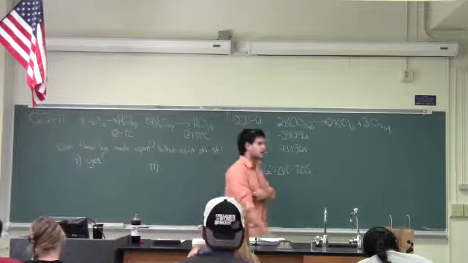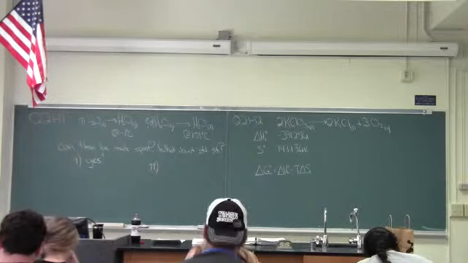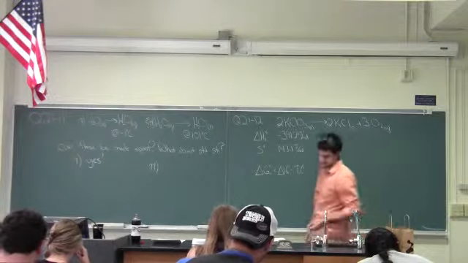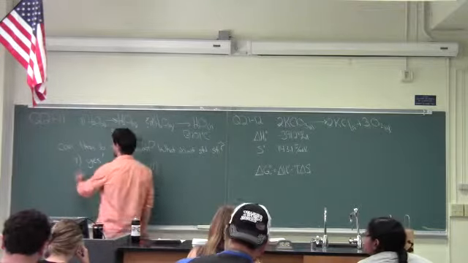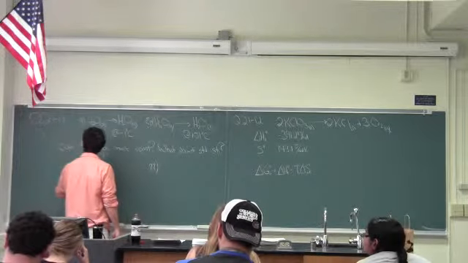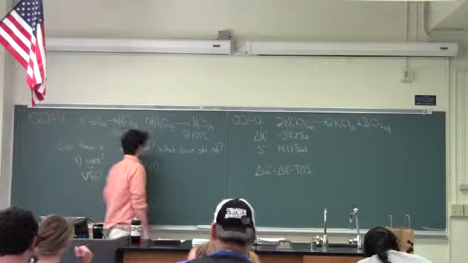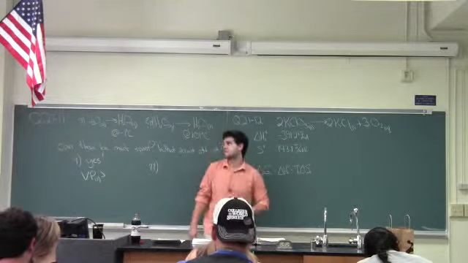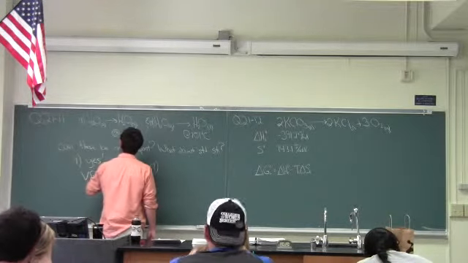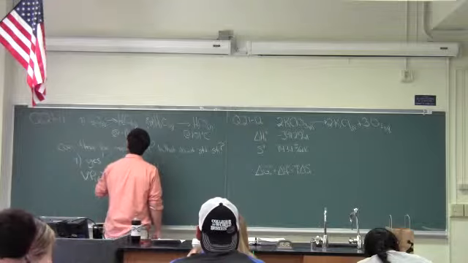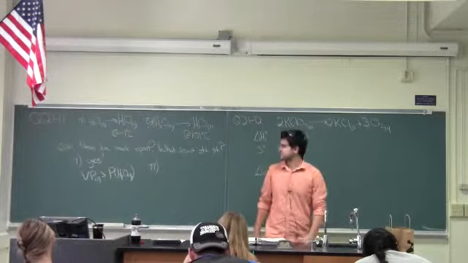Now, under what types of conditions is this reaction going to occur? Will it be spontaneous? The vapor pressure of the solid is greater than the pressure of gaseous water.